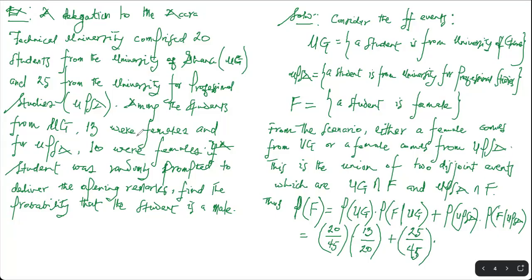Okay. Similarly, what is the probability of being a female from UPSA? So 10 of them are females. So the conditional probability of being a UPSA female would be 10 on 25, not on 45. Okay, so 10 on 25.